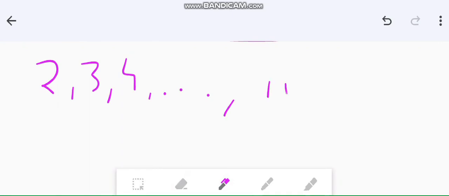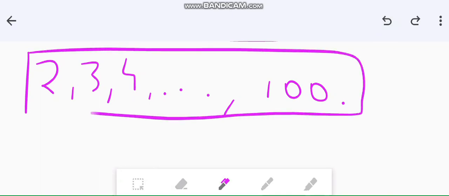First prime is 2. We'll start from 2, 3, 4 dot dot dot up till 100. These are all the numbers starting from 2. I'm taking an example, obviously, so we will start from 2 only, not from 1.